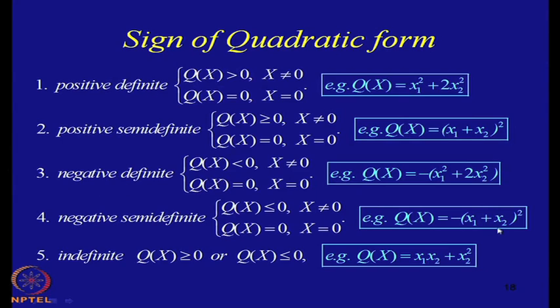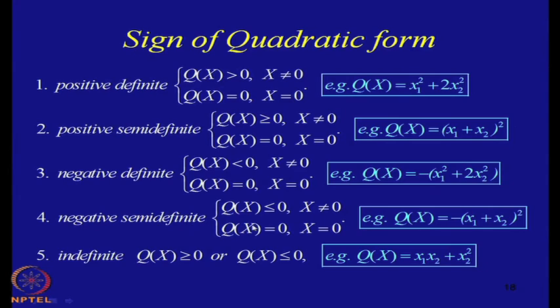Similarly, in the next, negative semi-definite, we are considering the relation Q(x) less than or equal to 0. And here, for x1 equal to x2 only, Q(x) would be equal to 0, otherwise for every non-zero vector x, the Q(x) value will give us a negative value.